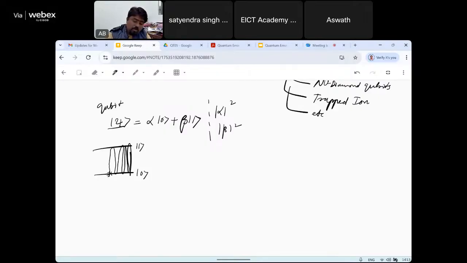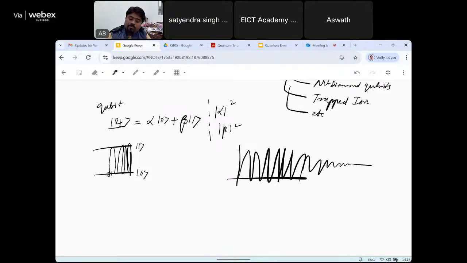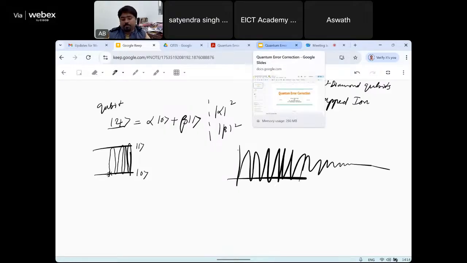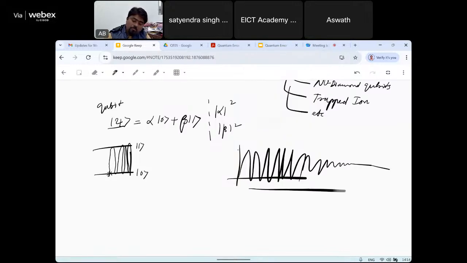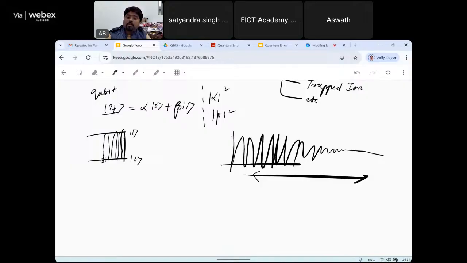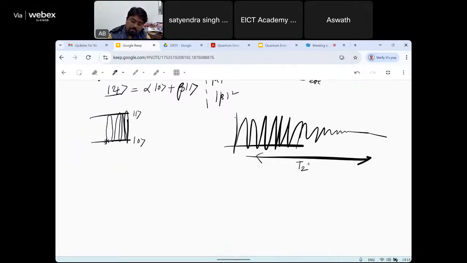If you plot the oscillation in time, it should be doing nicely, and after some time it deteriorates and then settles to either the ground or excited state. Within some time the oscillations die down. That is called T2 relaxation.